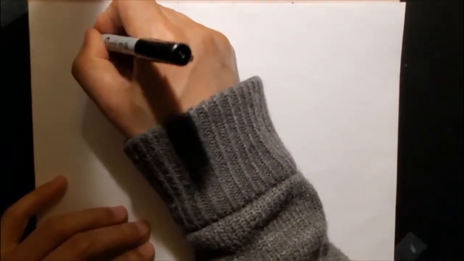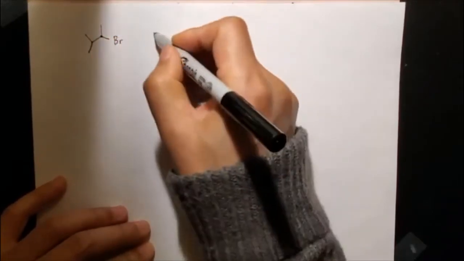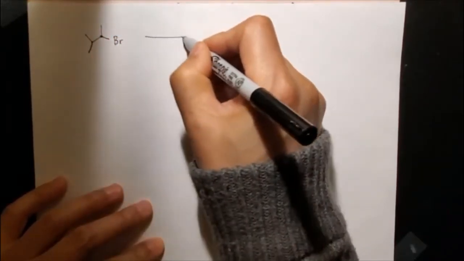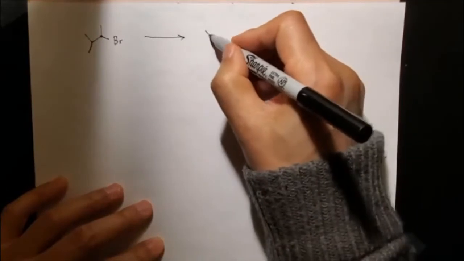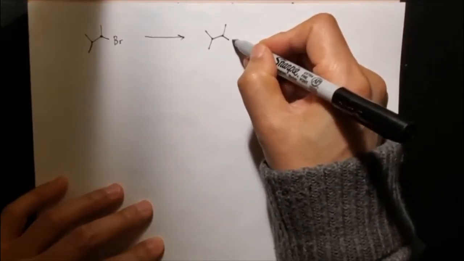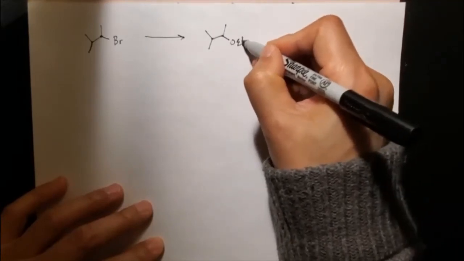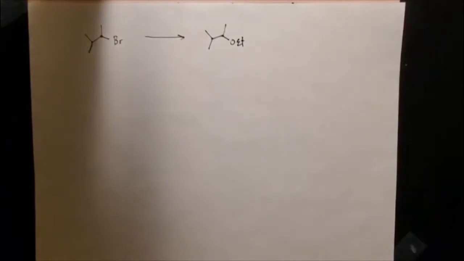Say you got this reactant, secondary brominated compound, and say you are getting this mostly. So what type of reaction would that be?